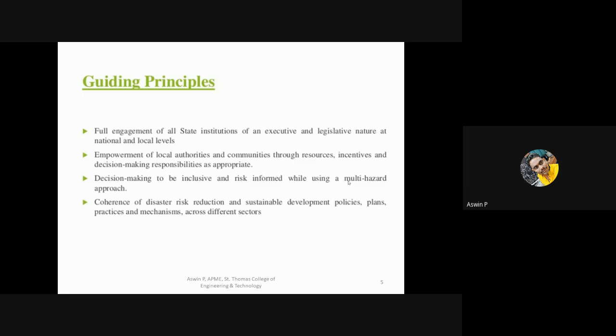That is decision making. So the next point is the eighth point.